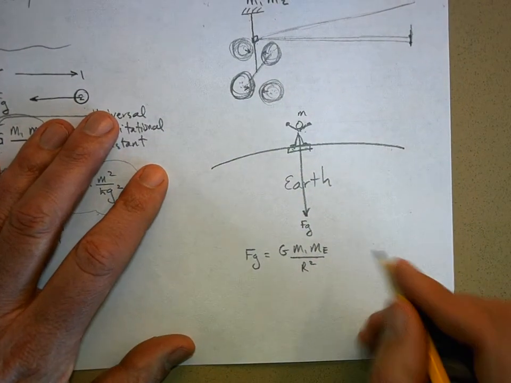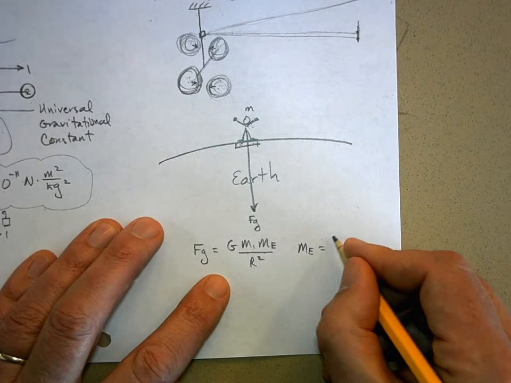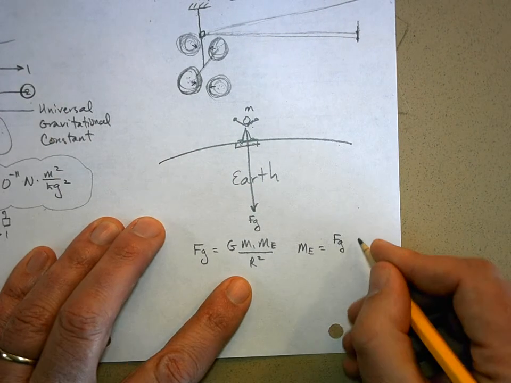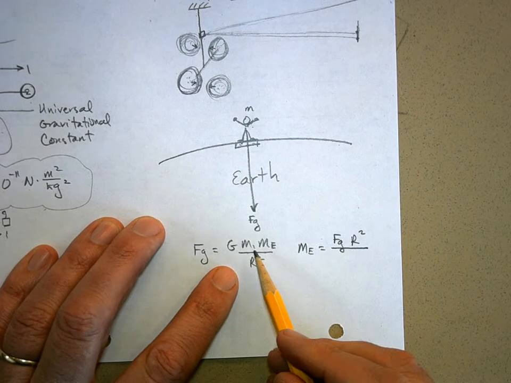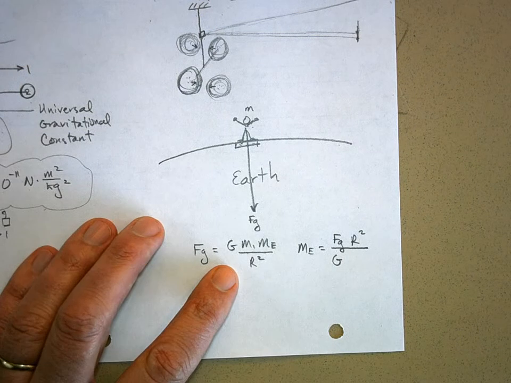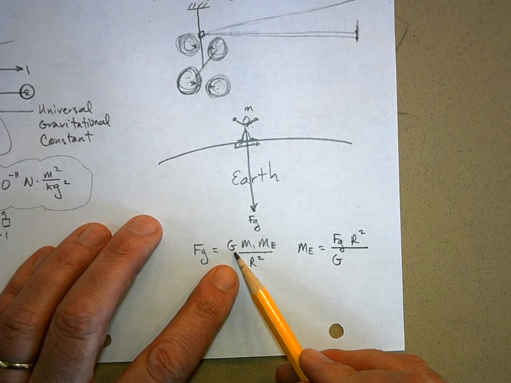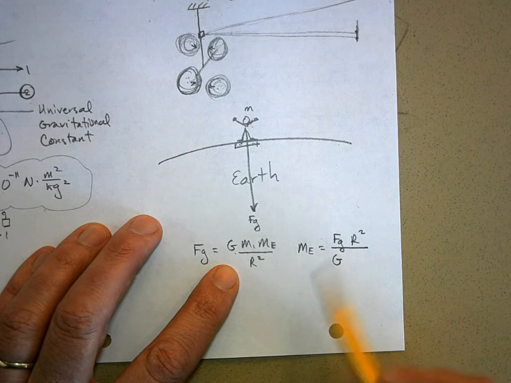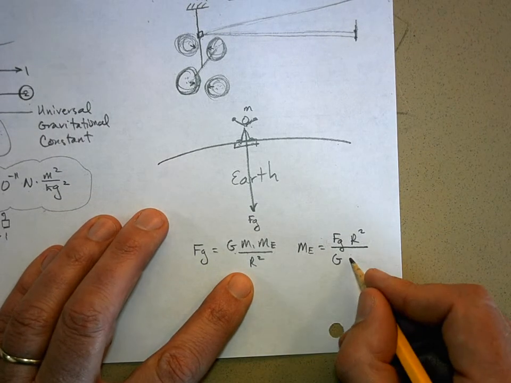So the mass of the Earth is equal to your weight times the radius of the Earth squared, divided by G, and this is what Cavendish measured for us. Without Cavendish, we couldn't do this calculation. And divided by your mass.